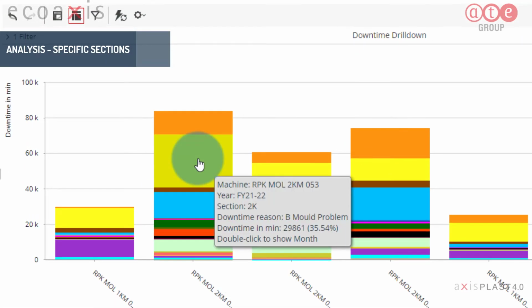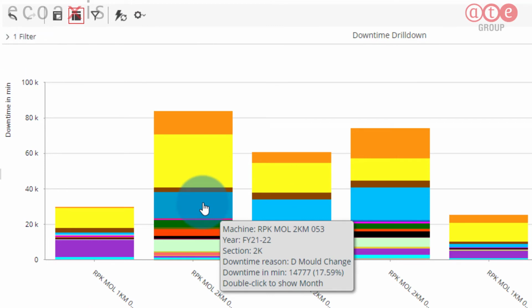This analysis improves decision-making and has proven to improve utilization of resources.